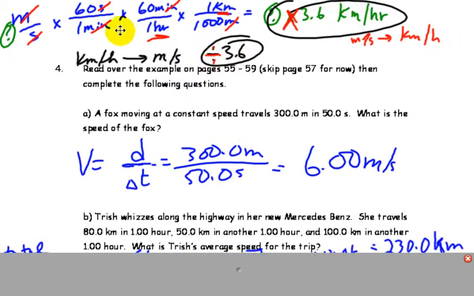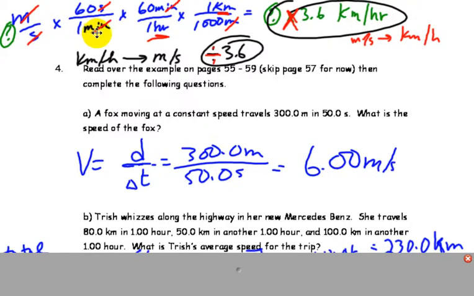Now you notice up here I have a little bit of a calculation. If we have a number in terms of meters per second, and we're looking at converting it into kilometers per hour, you can see the conversion set up here to end up with hours on the denominator. 60 seconds is 1 minute, so cancel off the seconds.